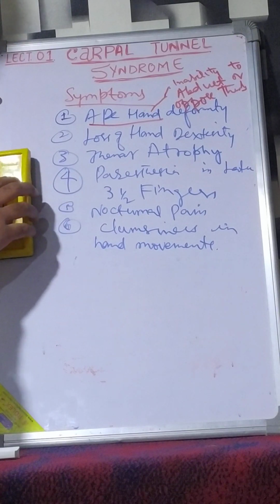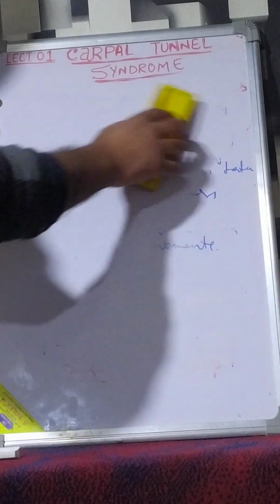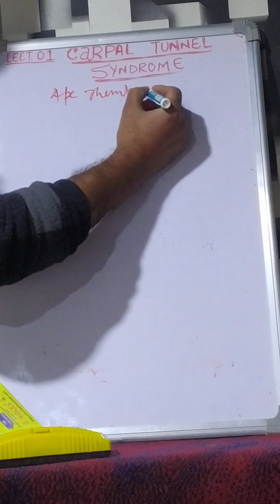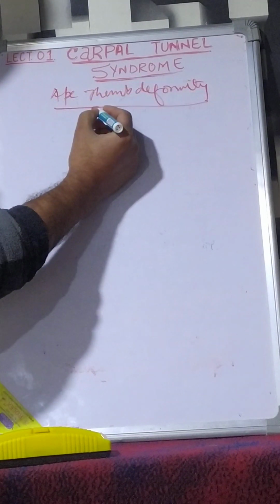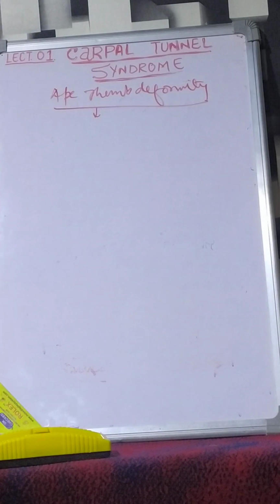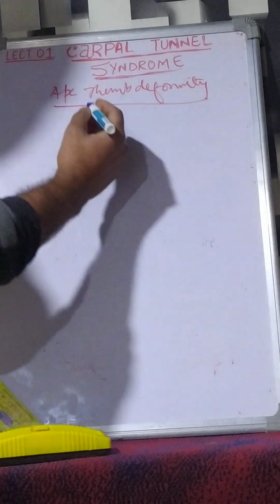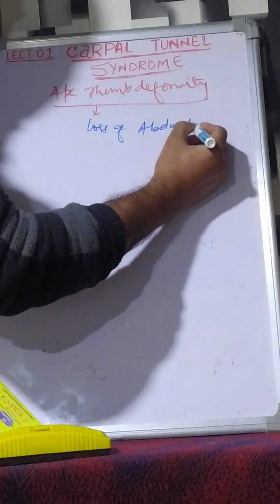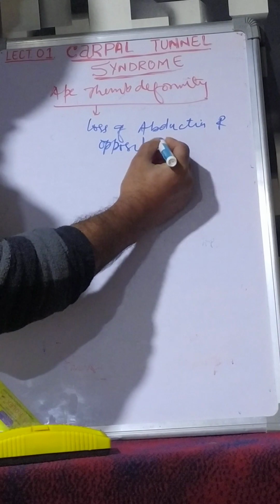Ape thumb deformity means loss of abduction and opposition of the thumb.